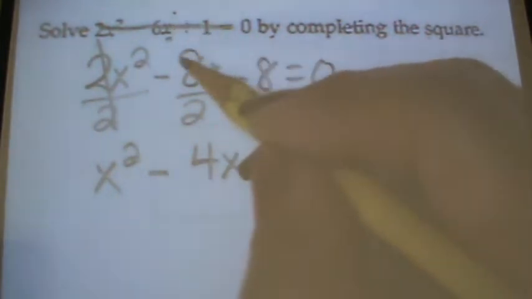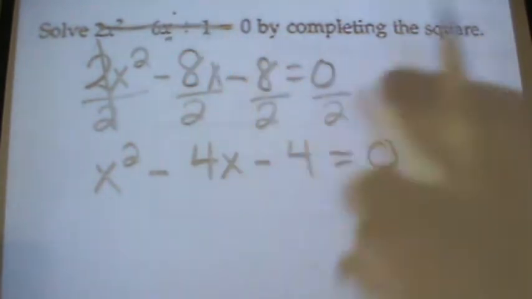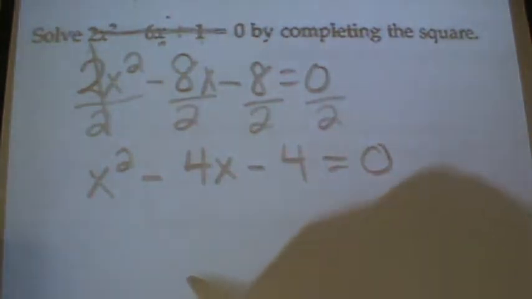You would be setting yourself up for a lot of errors. This would be a fraction, this would be a fraction, and then you're squaring a fraction and so forth. So if you get a middle term that's odd, don't complete the square, use the quadratic formula. But that's why I wanted to practice completing the square when it's a good complete the square problem.